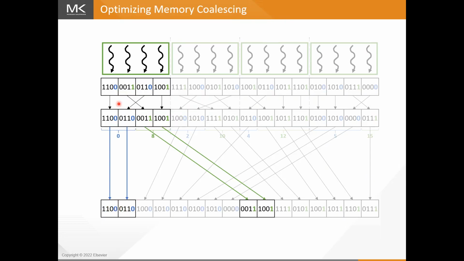Okay. Great. So here our stores are coalesced because nearby threads are going to write to nearby locations in global memory.